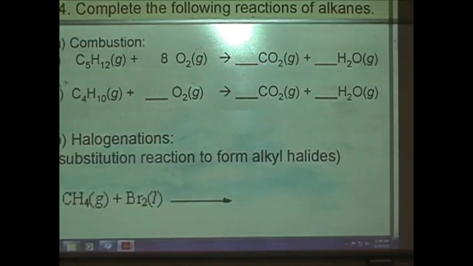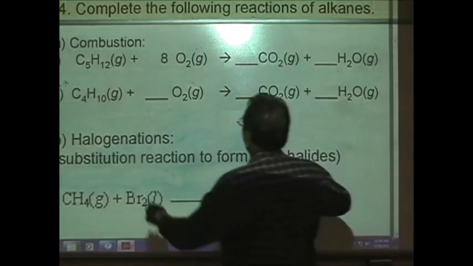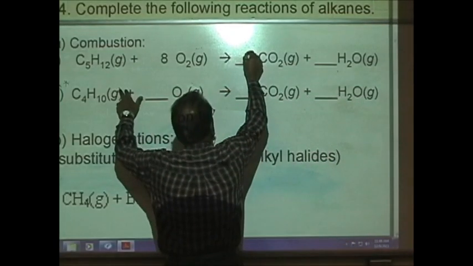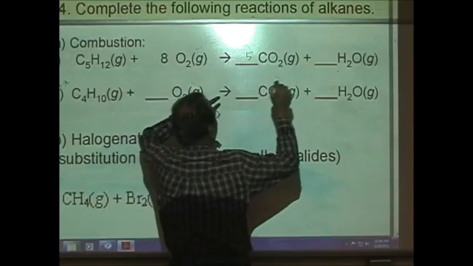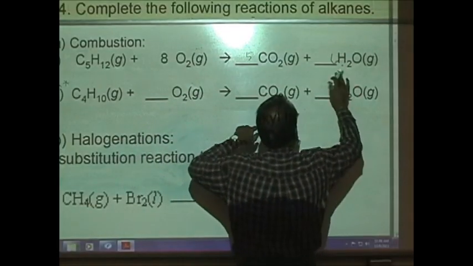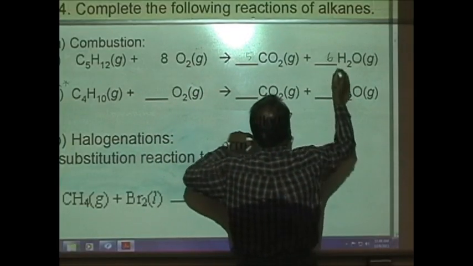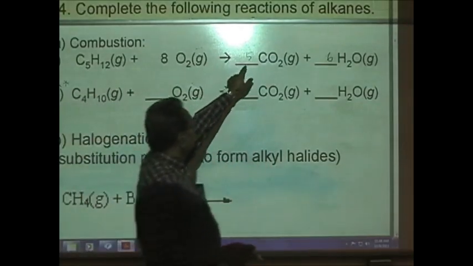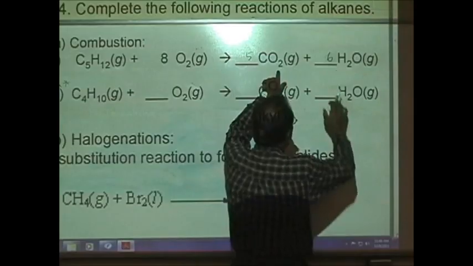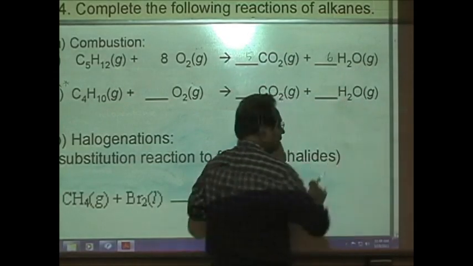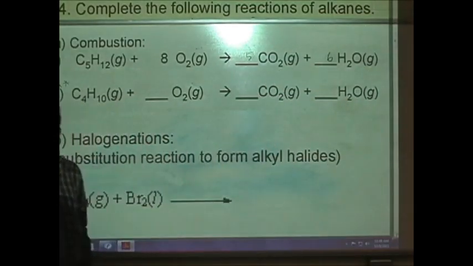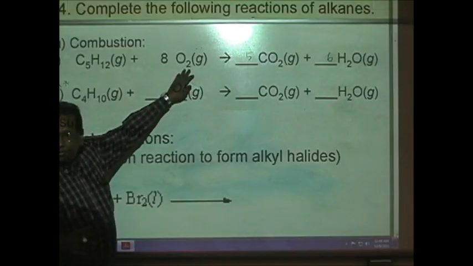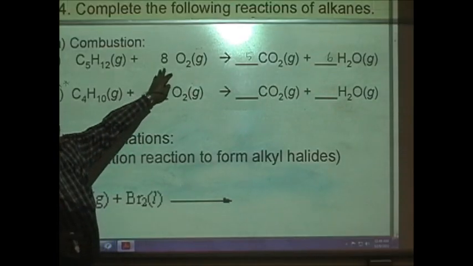Okay, let's do it again. First you balance the carbon, 5 and 6, 12, 6. Now, 10 oxygen here, 6 oxygen here. Therefore, 16 oxygen. But there's a subscript here of 2. Therefore, it should be 8, right?